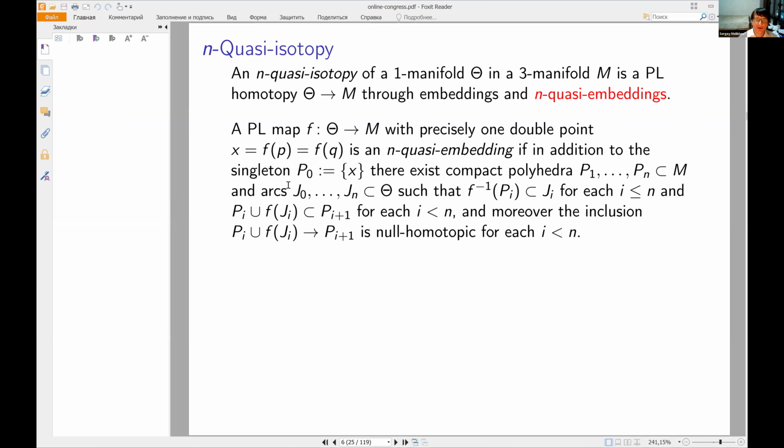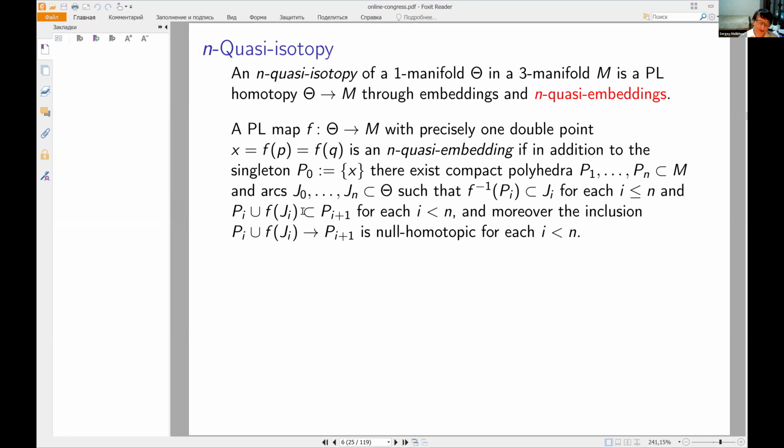Namely, if in addition to this double point, which we call P0, there exist compact polyhedra P1 through Pn in the range, in the three-manifold, and also arcs J0 through Jn in the domain, in the circles or in the strings, such that the preimage of the ith polyhedron lies in the ith arc, and for each i the image of the ith arc lies in the polyhedron Pi+1.